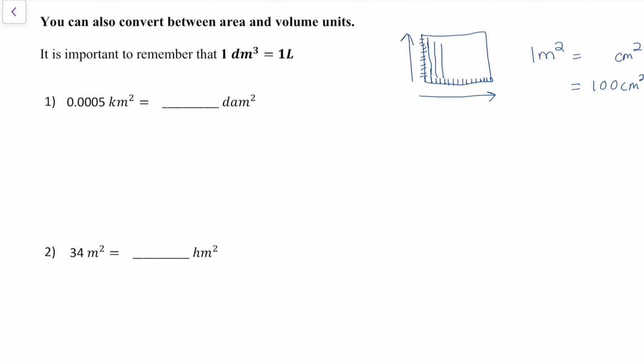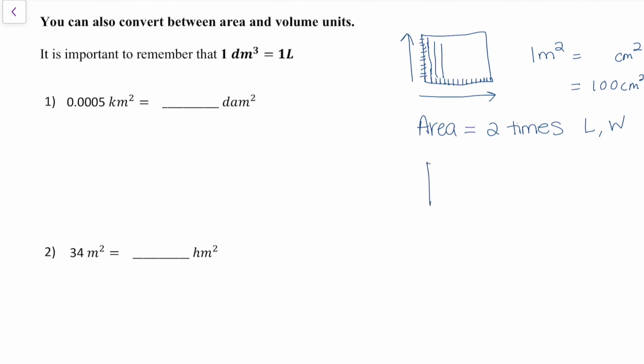I end up with 100 of 100. And so because we're doing area, I have to convert the length and I have to convert the width in order to find the actual conversion. And so with area, we have to do it 2 times, right? 1 for the length and 1 for the width.